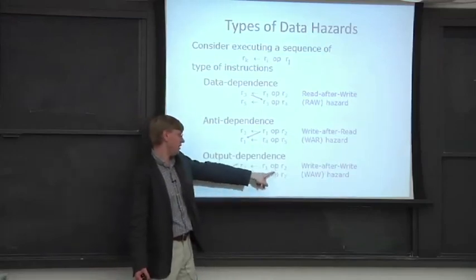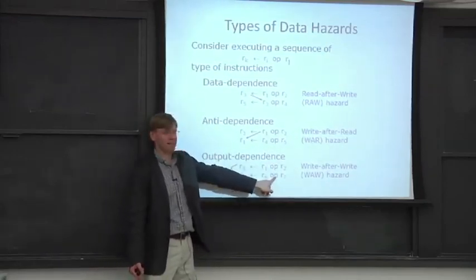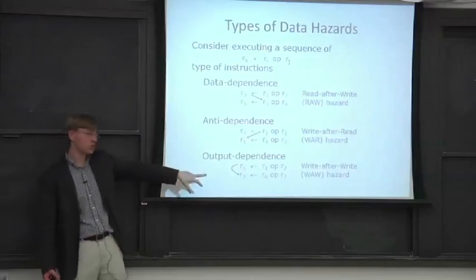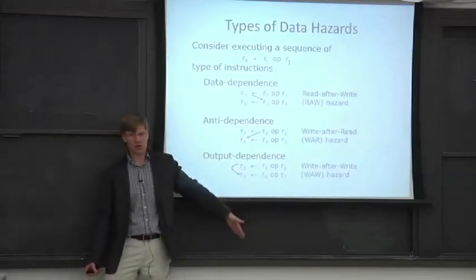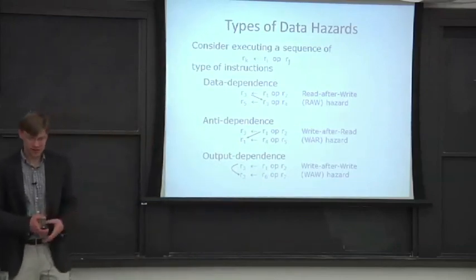Say this instruction is a long latency operation like a multiply, and this is an add. We're going to call that a write after write dependency. We need to maintain the order here, that this gets written first, and then this gets written. Because if you interchange those two results, the next thing that goes to read R3 is going to get the wrong value. That's pretty important, and it's called an output dependence.